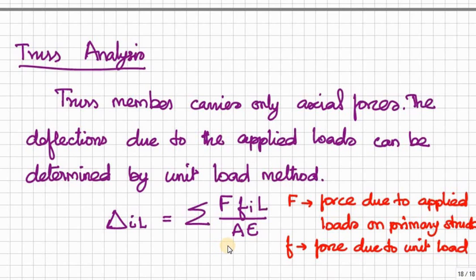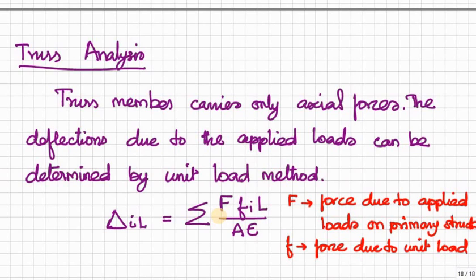by A, where capital F is the force due to the applied loads on the primary structure, because in the flexibility matrix method, we apply the method only on the primary structure. Okay. In the stiffness method, we apply everything on the restrained structure, that is the primary structure in stiffness.